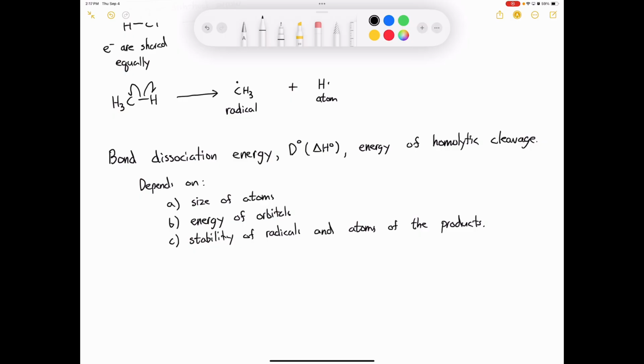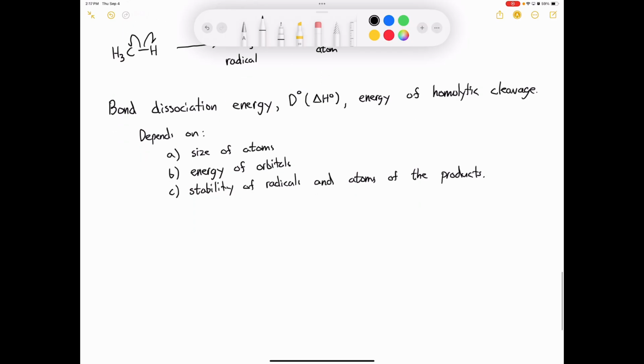So let's go over the first effect, the size effect. I'll give you some data to back this up. We have our delta H, and they're using kcal per mole.